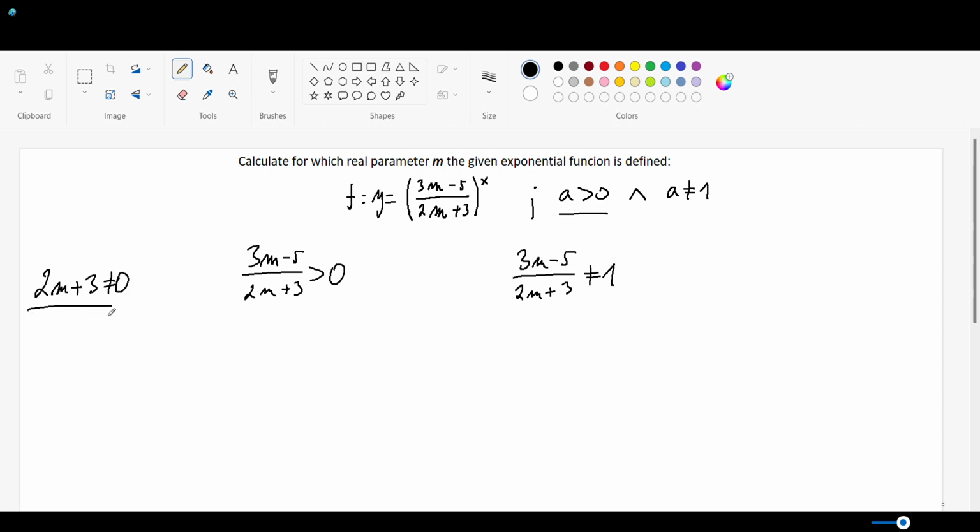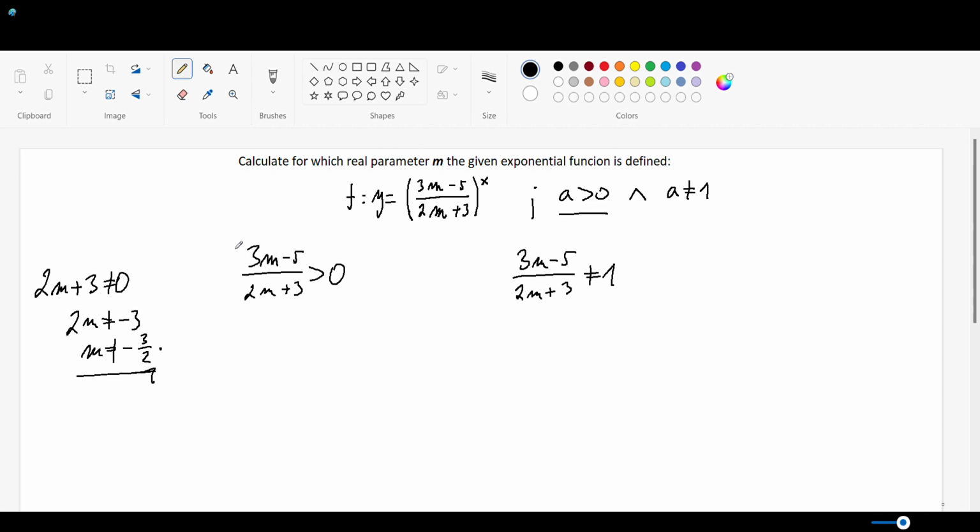This condition is met in this situation, because the fraction must be greater than 0, but just to be sure, and you'll see in the table which we'll generate later on, there will be an open interval. So 2m cannot be equal to negative 3, which means m cannot be equal to negative 3 over 2. So this is our first condition, when our given function won't be defined.